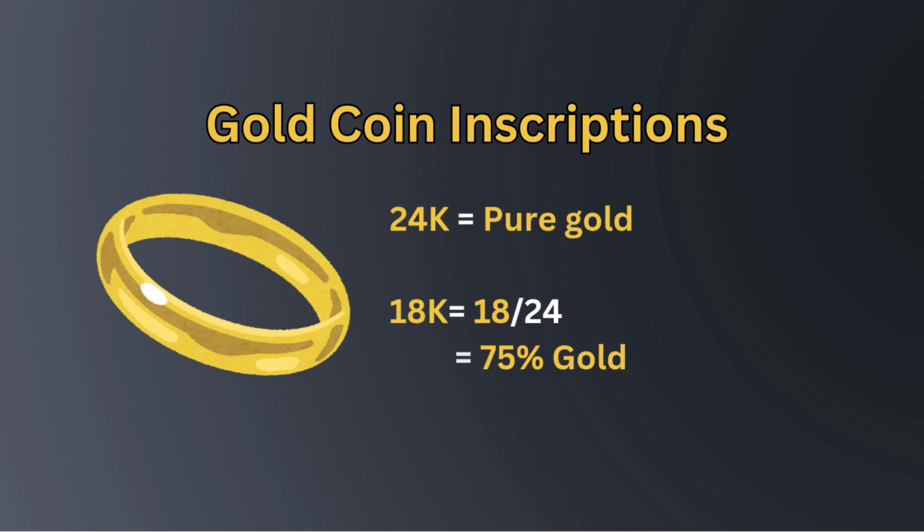In contrast, 18 karat gold is marked as 18K, indicating a gold purity of 18 out of 24, which is 75%. The remaining 6 out of 24, which is 25%, consists of other metals mixed into the alloy.